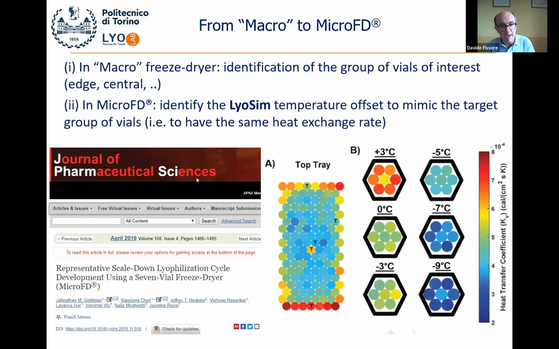This is a paper published by Goldman 3 years ago, more or less. In graph A, you see a color map showing the value of Kv in a larger unit. In B, you may see a color map, Kv values obtained in MicroFD, modifying just the temperature of the ring. What you see?